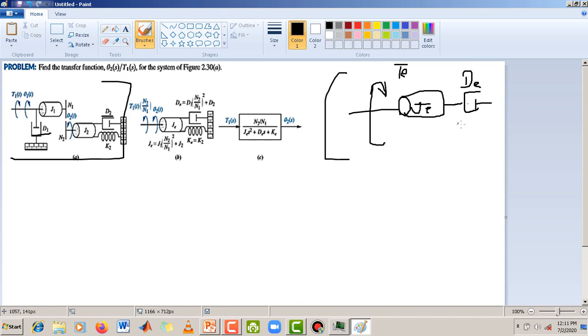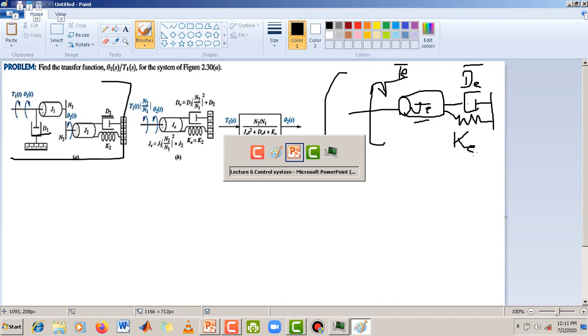And similarly, we also find the value of KE, the equivalent spring that is attached to the wall. So if you are given any rotational mechanical system, you have to find these parameters: TE, DE, JE and KE, the equivalents of all these terms.